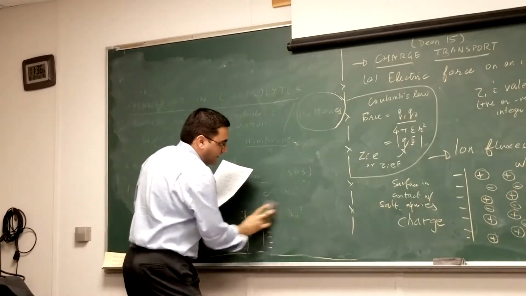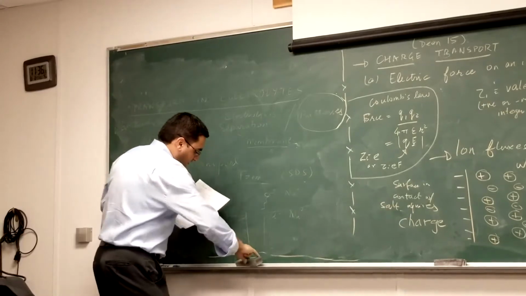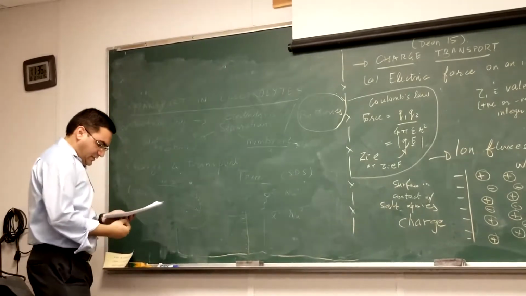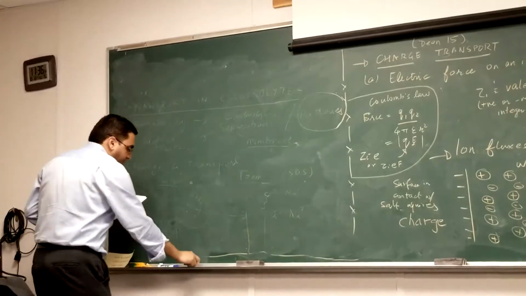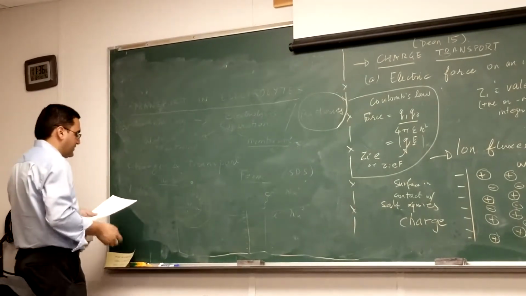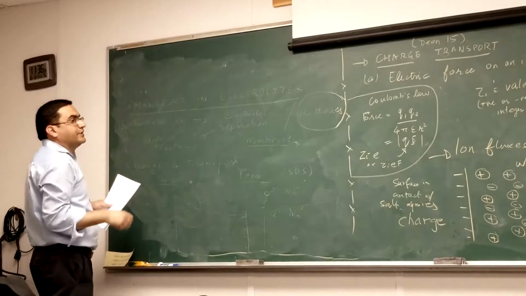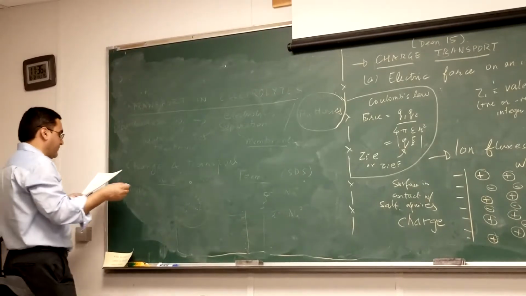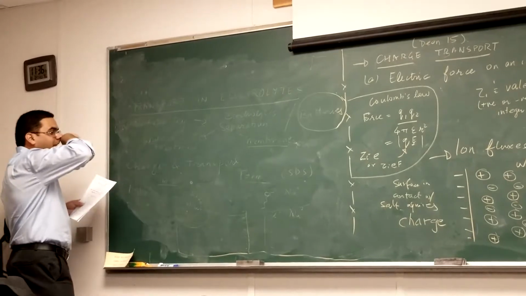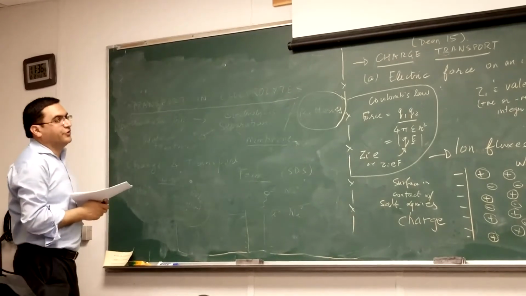All right, try to write on this side again. So we'll be deriving all that. I just want you to have a sense of where this is headed. So we wrote down the electric force on an ion per mole, and that electric force is now going to influence the transport.